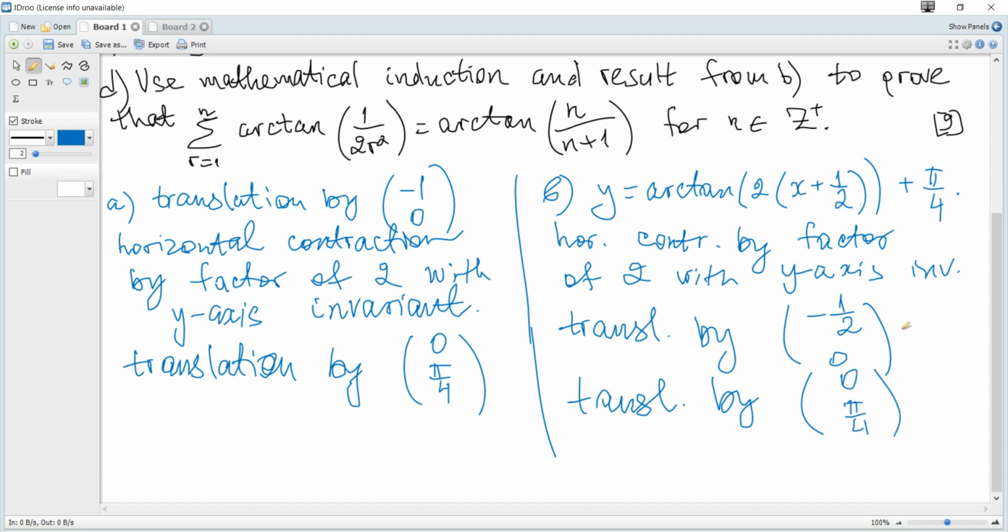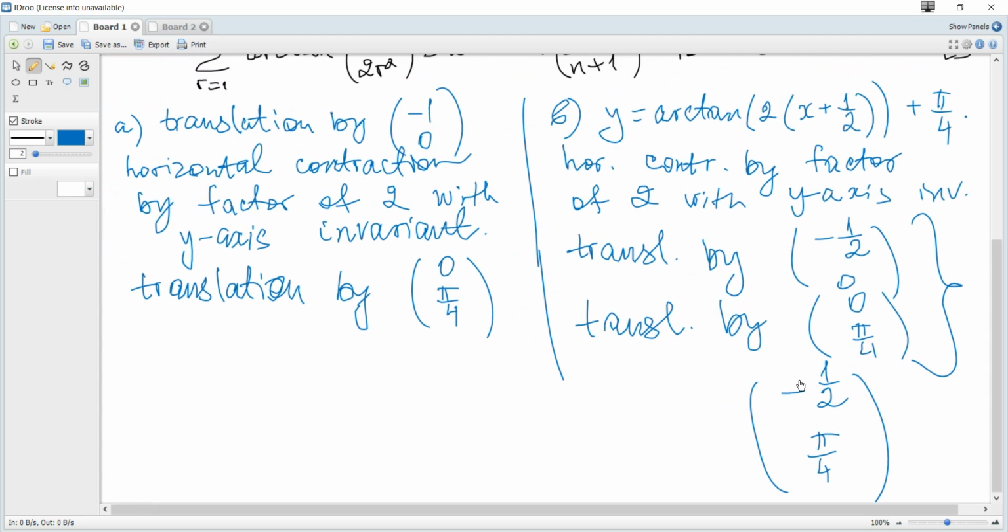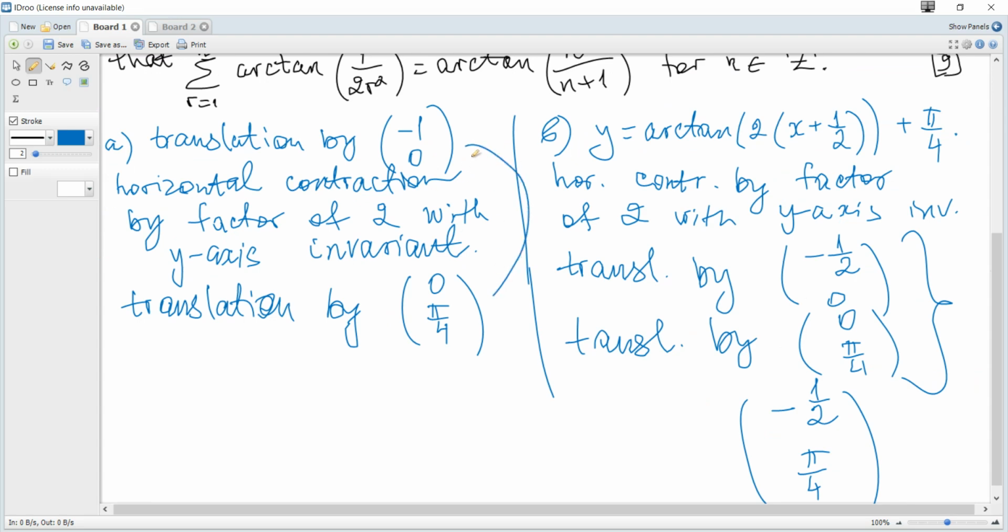And you can notice that here we can apply one transformation, a translation by (-1/2, pi over 4). It's possible here, but in the first sequence it's not possible. If you write a translation by (-1/2, pi over 4) followed by a horizontal contraction, it will not be correct.